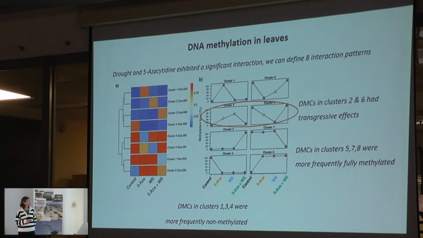And then there are these two clusters here that show transgressive effect, meaning that control plants and double-treated plants were either non-methylated or methylated. And this is an interesting pattern that was not described before either.